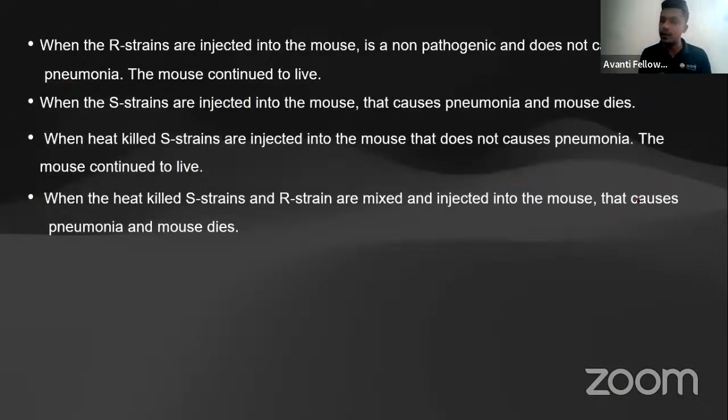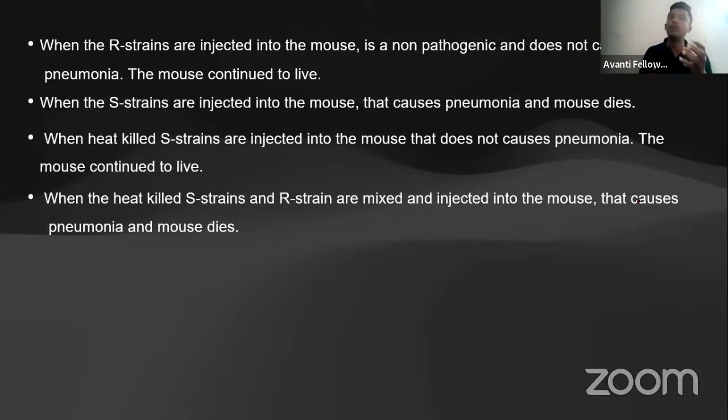Sadly, Griffith could not tell what was transferred from the smooth strain to the rough strain. They could only tell that something is passed on, that information got passed on from the smooth strain bacteria to the rough strain. That is what killed the mice. So, although he did not conclude what happened, in this famous experiment, for the first time people saw that a transfer of character took place between two different varieties of organisms.